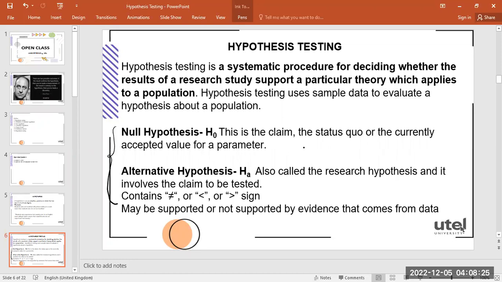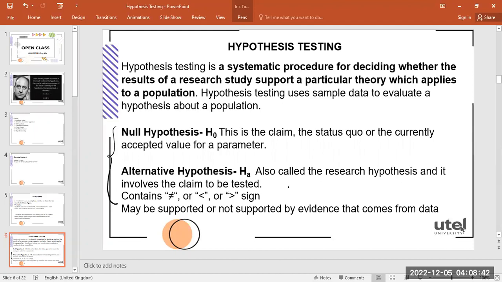So the Albert Einstein proposition happens to be the alternative hypothesis. And the alternative hypothesis is represented by capital H subscript A. It's also known as the research hypothesis, and it involves the claim to be tested.